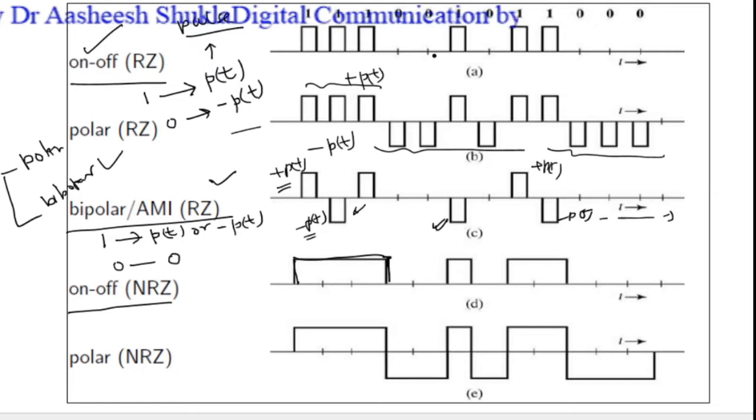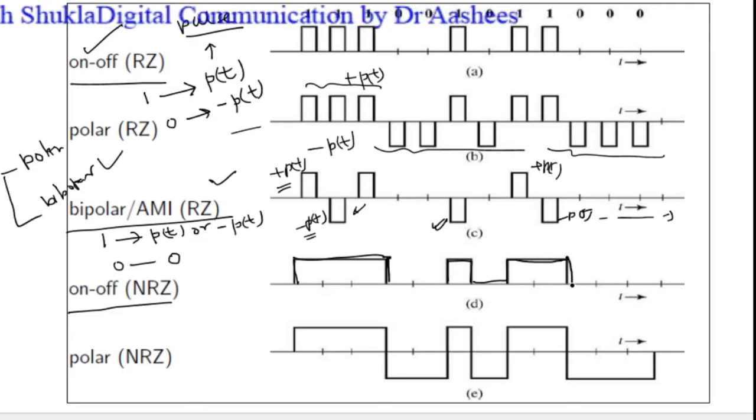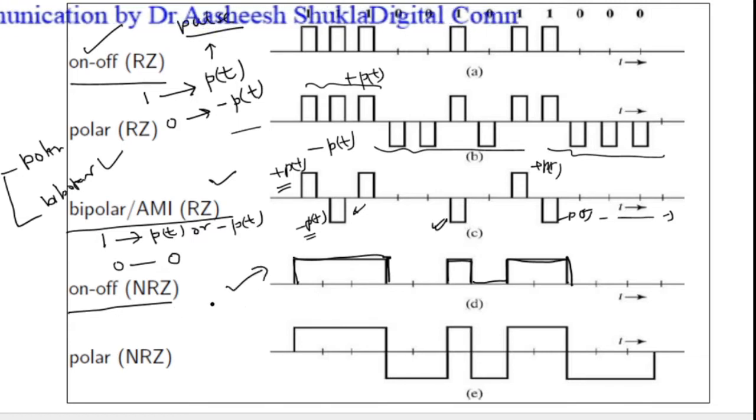For consecutive zeros, for 1 we again provide pulse 1, for 0 we again provide pulse 0, and for 2 consecutive ones it again will not come to 0, so it is a non-return to 0 type of pulse. That's why we are coming directly from this point to this point. So this is the method how we plot non-return to 0 pulses.